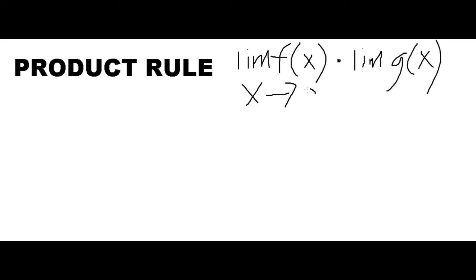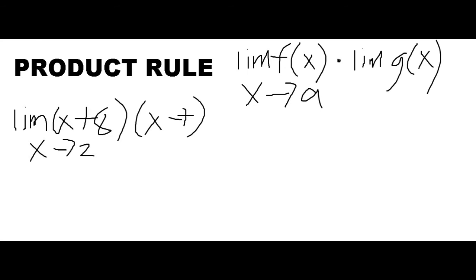So, we have limit of f of x times the limit of g of x as x approaches to a. So, for example, let's say we have limit of x plus 8 times x minus 7 as x approaches to 2.